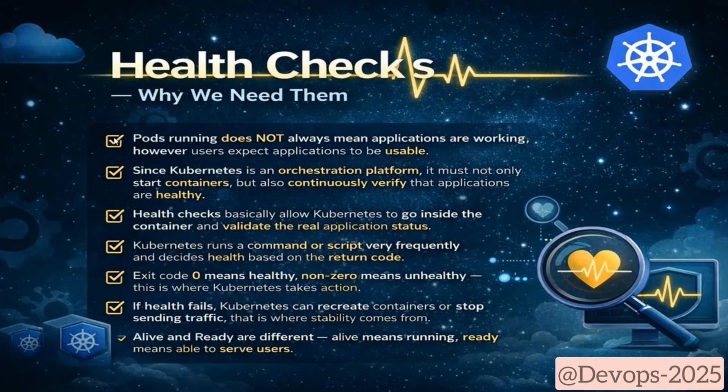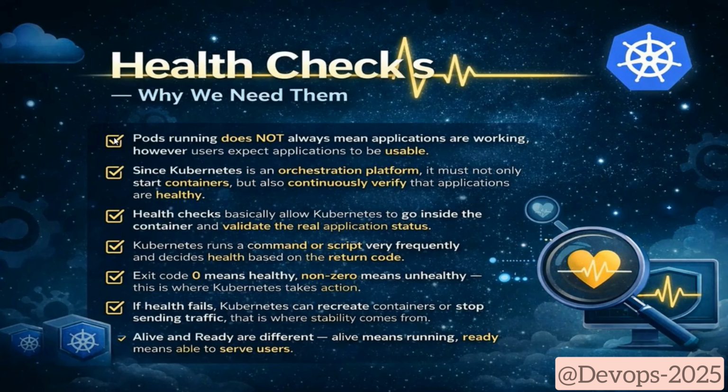A health check basically tells Kubernetes not to just see whether my pod is running or not. You can go inside the container and check whether my application is actually fine or not. That is how health checks give input to Kubernetes. Kubernetes gives you an option inside a pod definition file, or pod manifest file, which is called a health check.